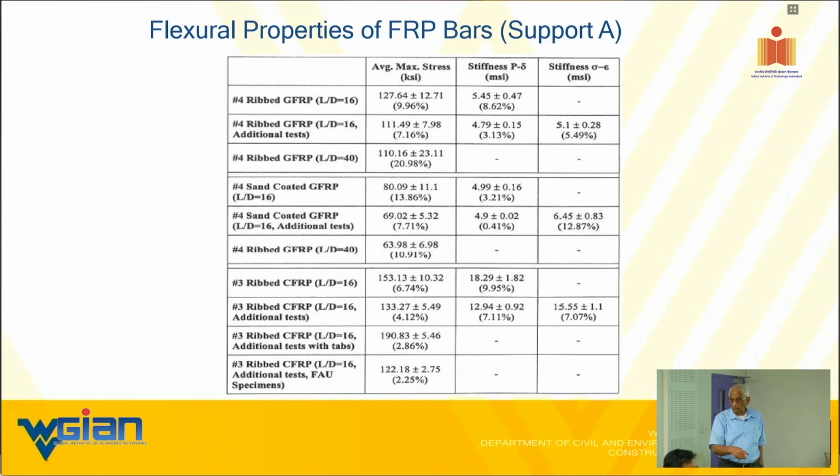At what load should the columns be tested? Full scale columns. You have to test it to failure. If you don't test it to failure, there's no sense, because we know it's going to be a linear response up to a point, like 45% or 50%.